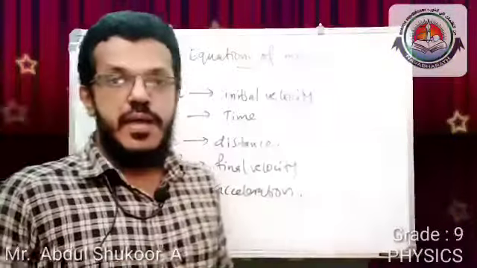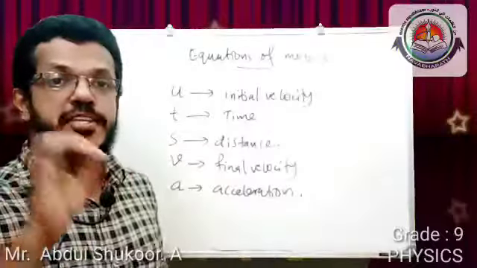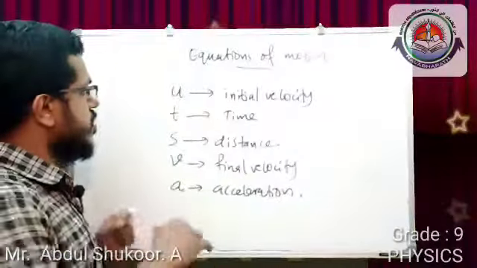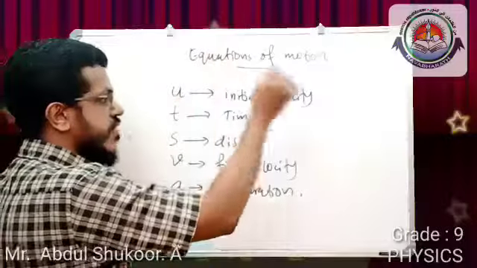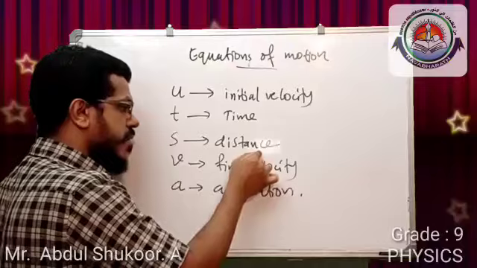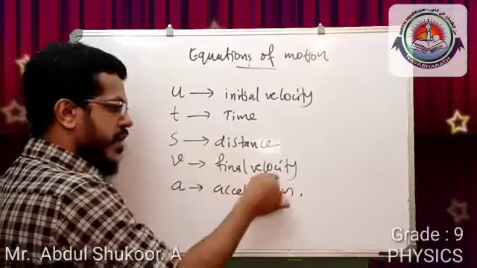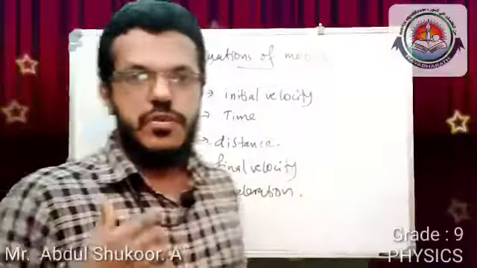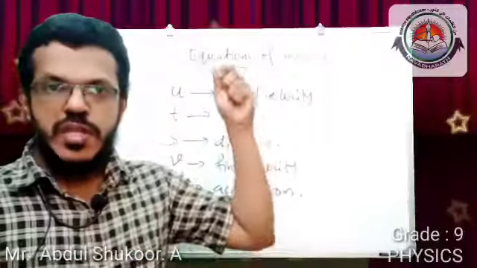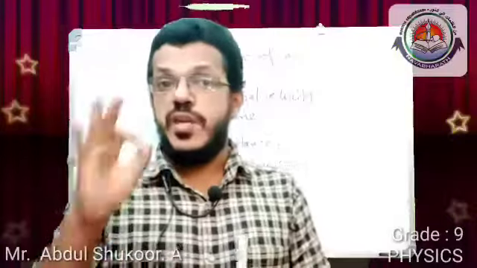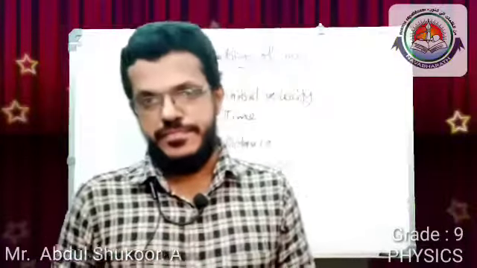These are the terms related to equations of motion. u is the initial velocity, t is time, s is the distance traveled by the body, v is the final velocity, and a is the acceleration produced for the body. Using these terms, we can express three equations of motion.